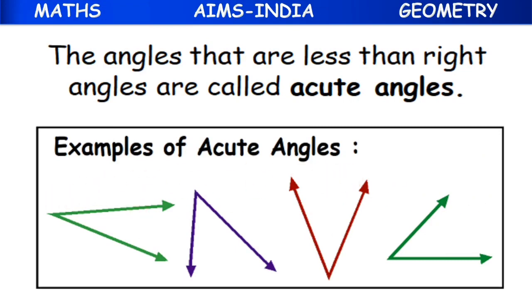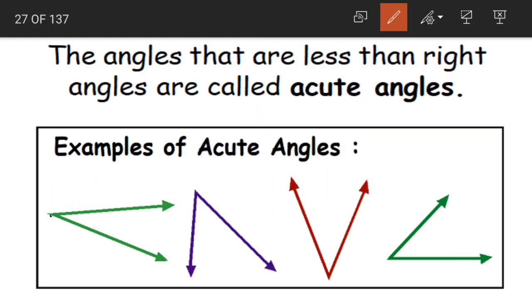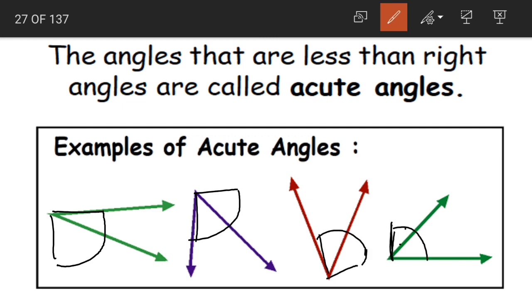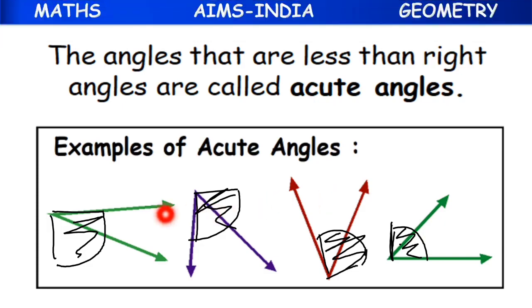Examples of acute angles are all this. See, if we place our right angle tester, this would be our right angle. See, in all the cases, the given angles are less than our right angle. They are smaller than our right angle. So, all these become examples of our acute angles. Is this clear, children? The angles that are less than right angles are called acute angles.